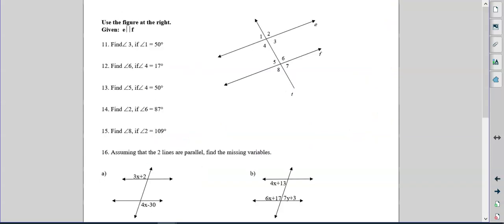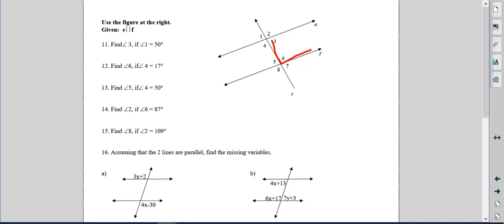That's a lot, but if you need to, you can always go back and play it again for more practice. All right, use the figure at the right, assuming given that E and F are parallel. So with this, it's hard to tell what's obtuse and acute. That's practically 90 degrees. So what you've got to get used to looking at is, just remember, this one right here is going to be congruent to 6, right?